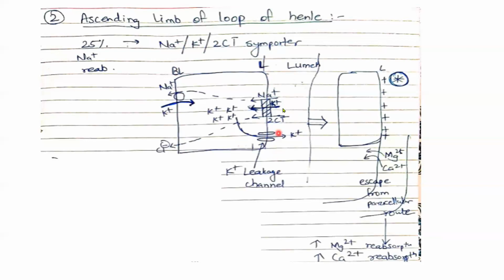What it is doing? It is taking sodium, potassium, and 2 chloride ions outside the lumen. So 2 positives are moving out, 2 negatives are moving out, so the net charge remains the same.